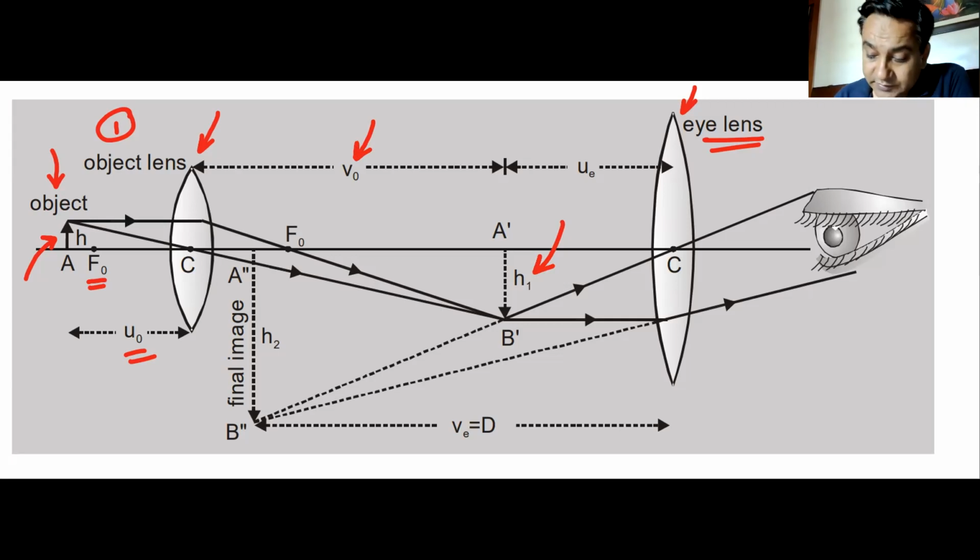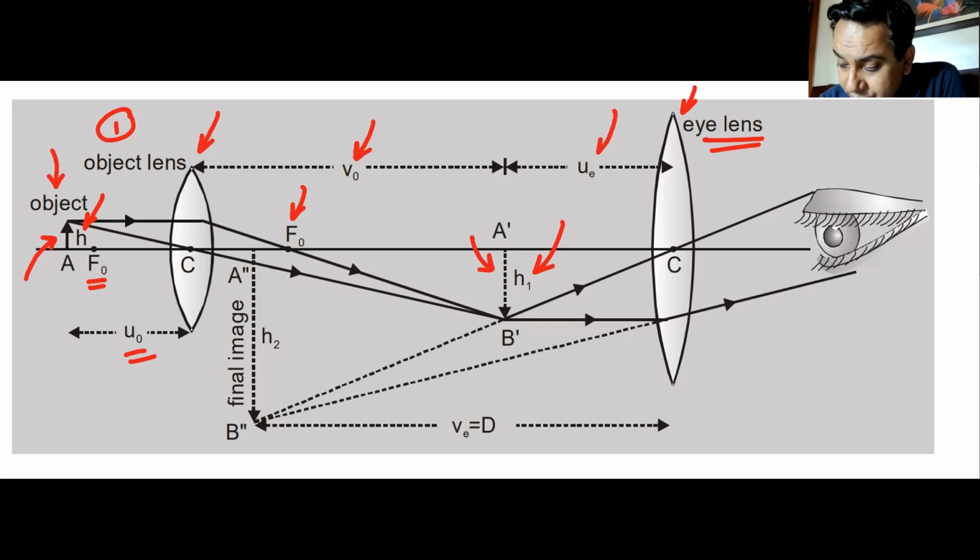A is the object. H is the height of the object. The object is placed beyond the focus of the first lens. The object distance is UO, with O standing for the objective lens. FO is the focal length of the objective lens. VO is the position of the image, or distance of the image, from the objective lens. Then we have the eyepiece. Now this image which is created by the first lens acts as an object for the second lens, which is our eyepiece.